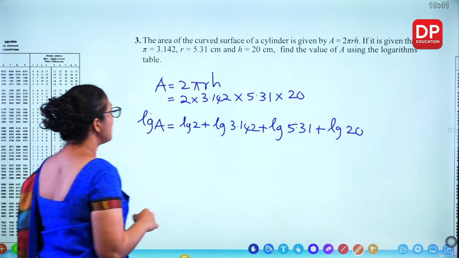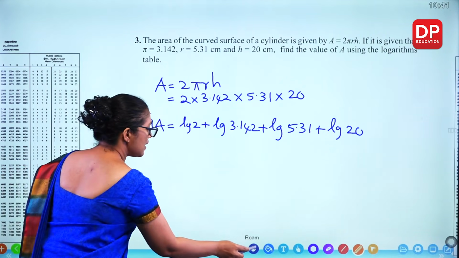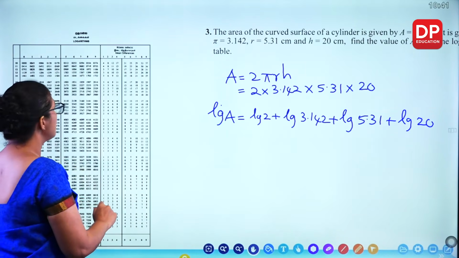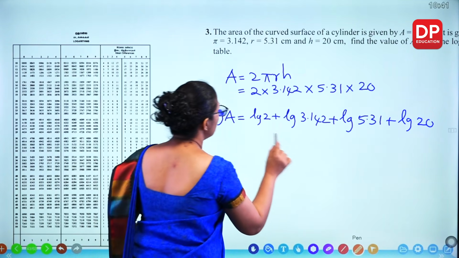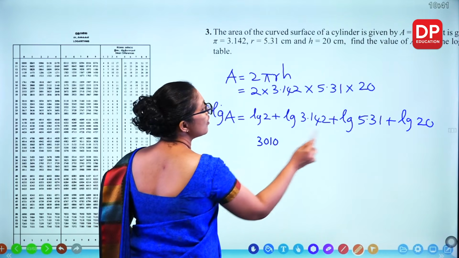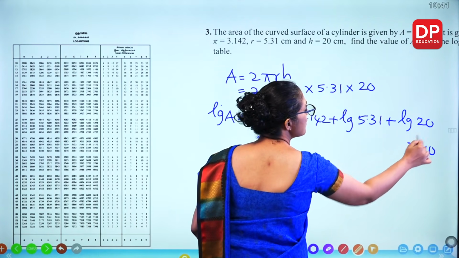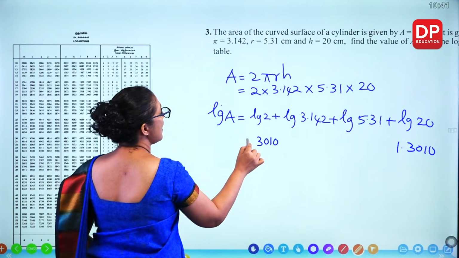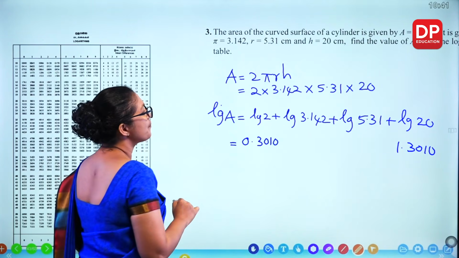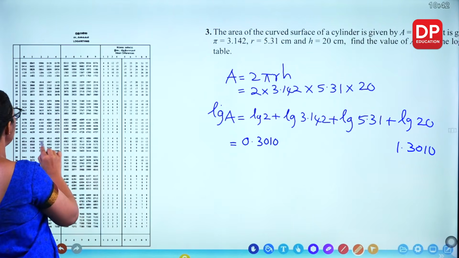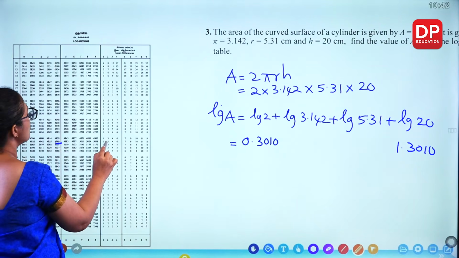Now refer to the table. 20, log is 0.3010. The characteristic is 1 here. For 5.31, the characteristic is 0. 31, 4, 2. 2 is 3.